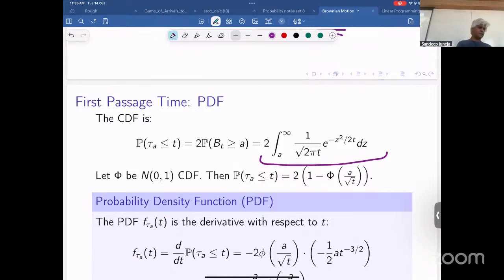B_T greater than or equal to A. So B_T is just normal with mean 0 and variance T, so T comes in wherever the variance should come in. It's the variance, not T square. The density is 1 by root 2 pi sigma squared times e to the power minus (x minus mu) squared by 2 sigma squared.